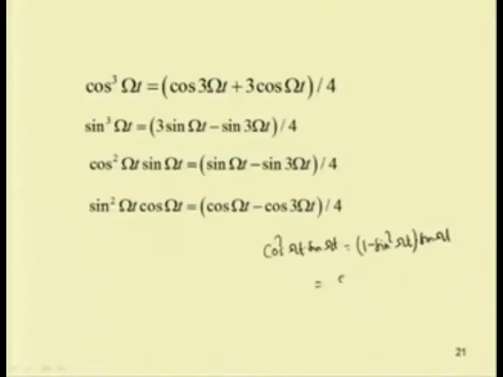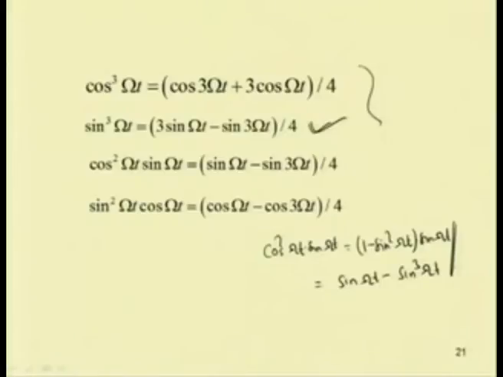So, this becomes sin ωt − sin³ωt, and already we have found the expression for sin³ωt equal to (3 sin ωt − sin 3ωt)/4. By substituting this in this equation, one can get the expression for cos²ωt sin ωt equal to (sin ωt − sin 3ωt)/4. Similarly, one can get sin²ωt cos ωt equal to (cos ωt − cos 3ωt)/4.